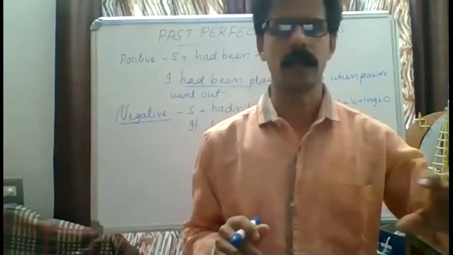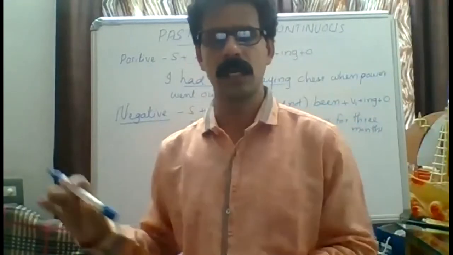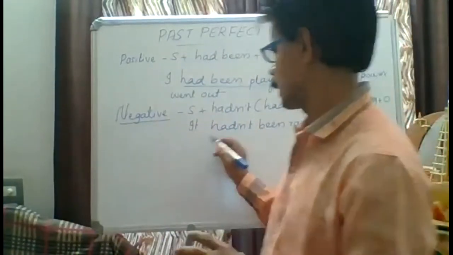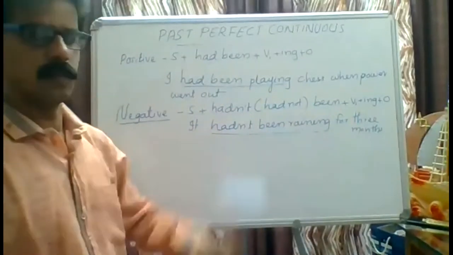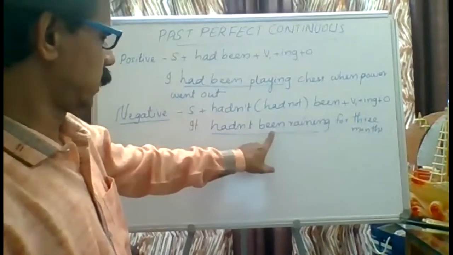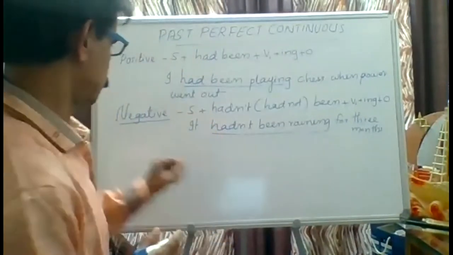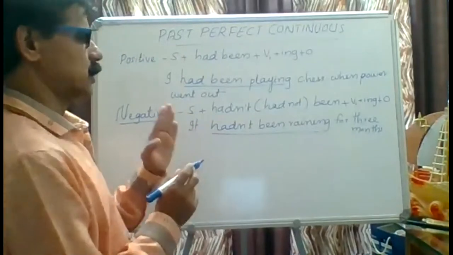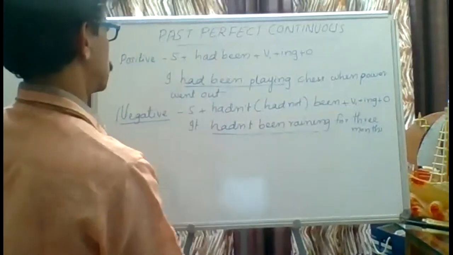Raining is the main verb; had and been are both helping verbs. This is the negative formation of past perfect continuous.